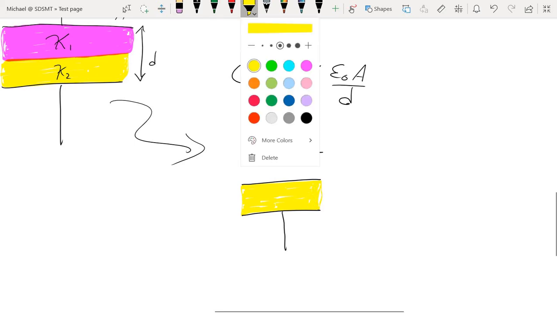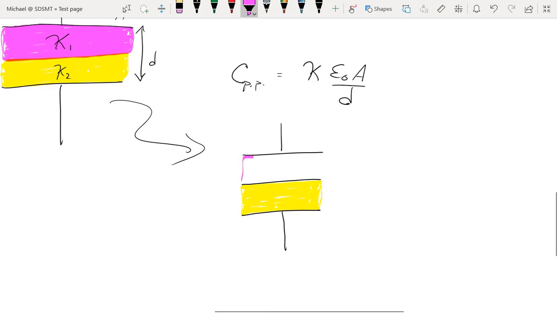So I have one capacitor on the top, made of material kappa 1, and directly in contact with that is a second capacitor made of material kappa 2. I just have this black line here as an indicator of the separation of the two materials.